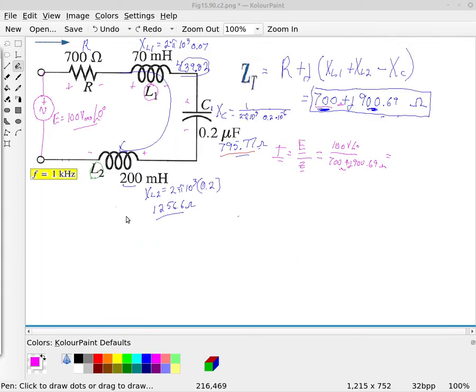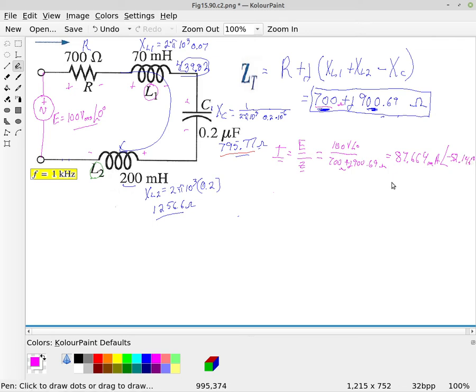So this is our values here. Let me just record these over here. So the current is 664 milliamperes at an angle of minus 52.146 degrees.